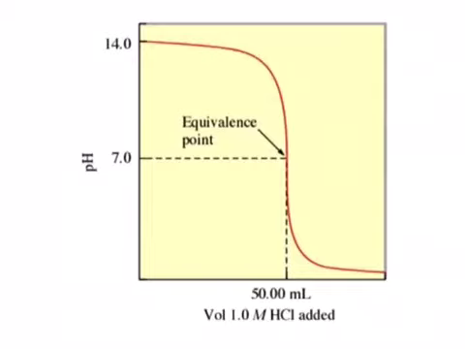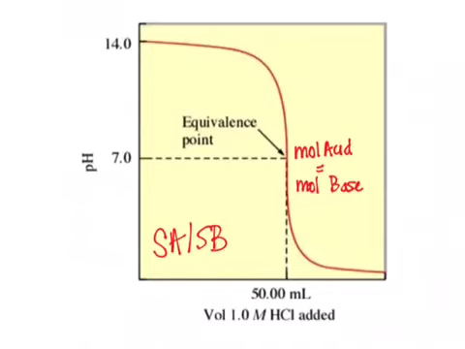This middle point right there is called our equivalence point. And so your equivalence point is when the moles of your acid is equal to your moles of your base. In a strong acid, strong base situation, equivalence point is always at 7.